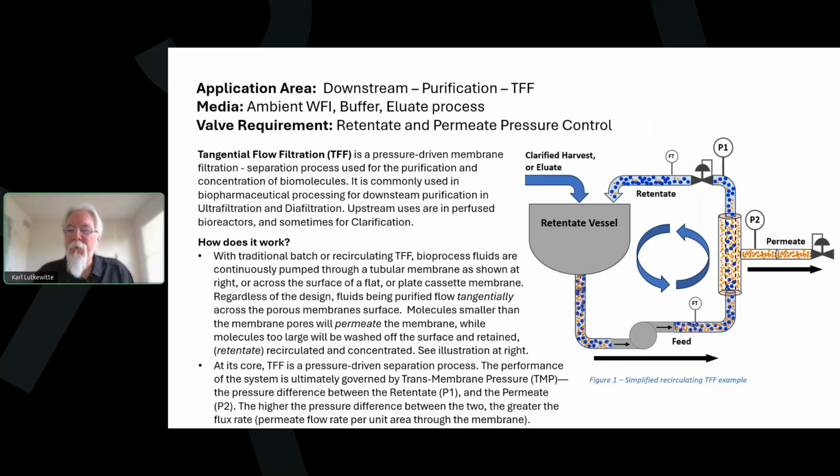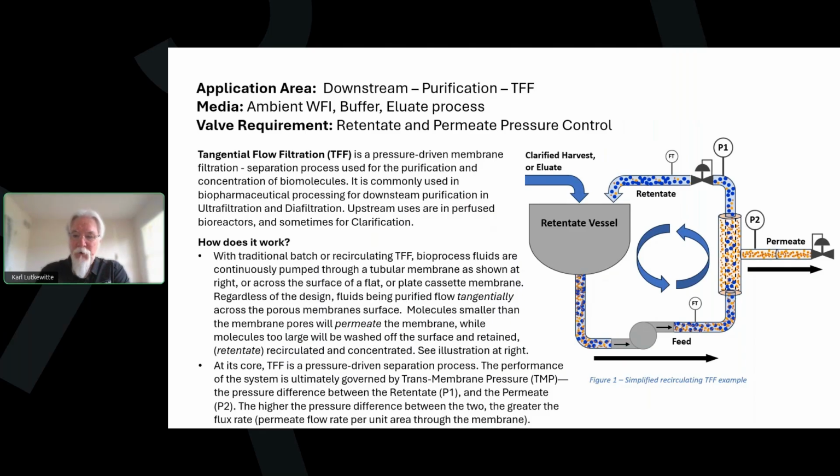So the key point here, we have to maintain a pressure difference between the circulating fluid and the other side of the membrane, as that is what drives what's called the flux rate. Flux rate is the permeate flow rate per unit area of the membrane. If you just think of permeate flow rate, that's good enough.